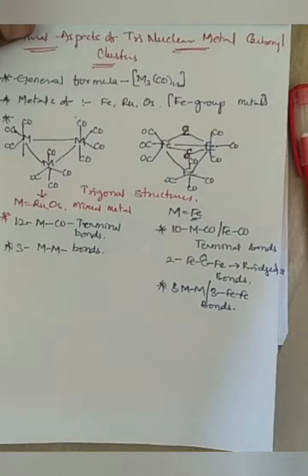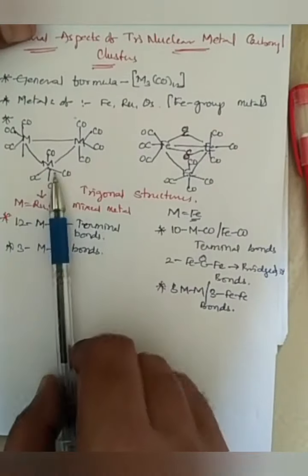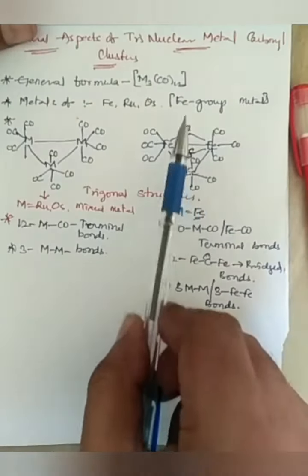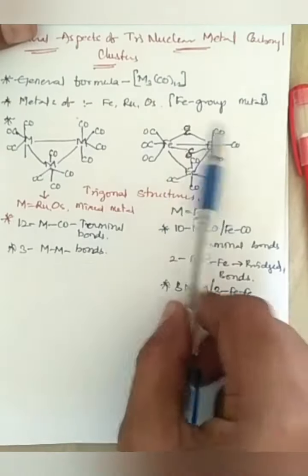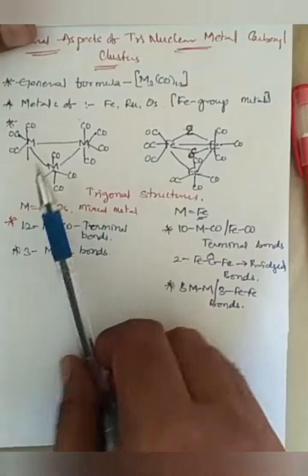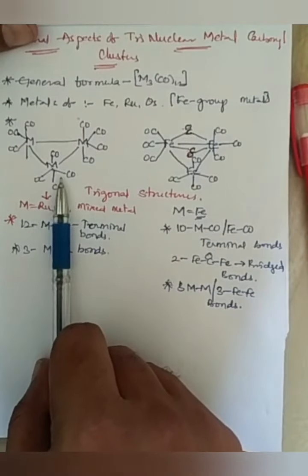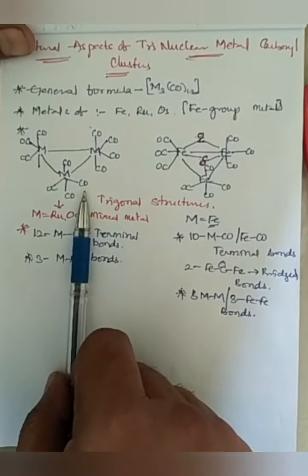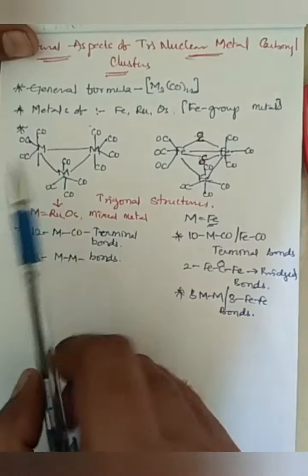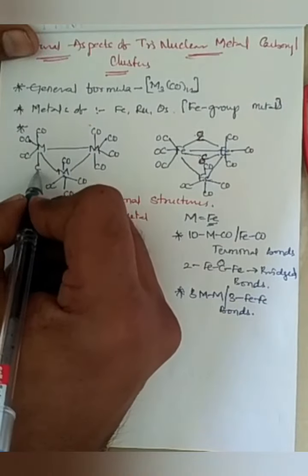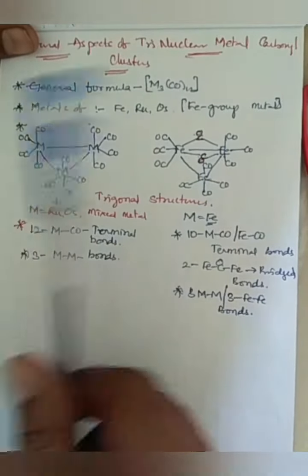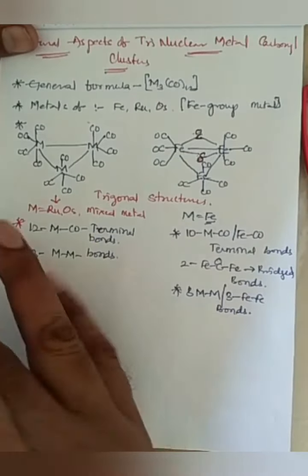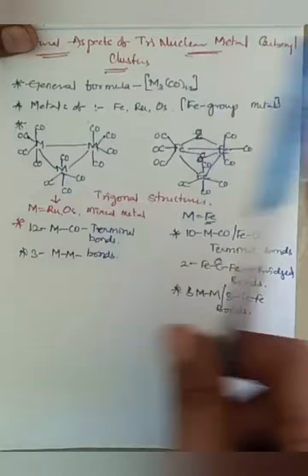So the deviation comes for the ruthenium, osmium structure from iron. Iron will have 2 bridged carbonyls and 10 terminal carbonyls, whereas in ruthenium, osmium or mixed metal trinuclear metal clusters, all the ligands will be terminal. All 12 carbonyls will be terminal. There is no bridged ligand, right?